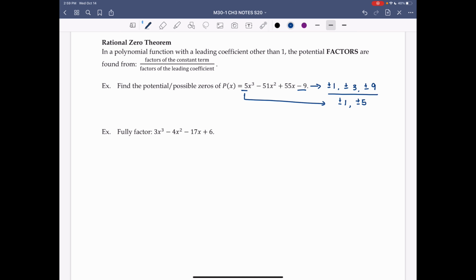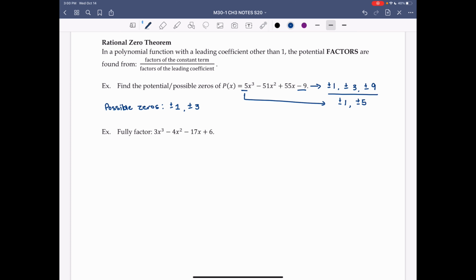So plus minus 1 and plus minus 5. Then our possible zeros would be plus minus 1, because if we have 1 divided by 1, we get 1. Plus minus 3. Plus minus 3 divided by plus minus 1 would give us plus minus 3.